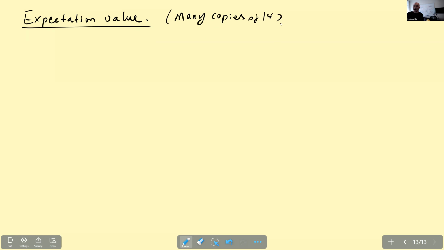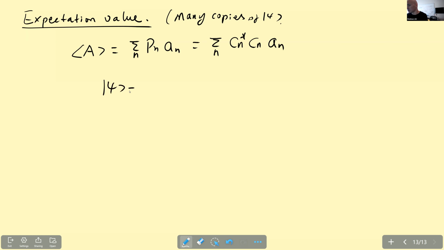And then the expectation value of this A, of course, is just the summation of m, p_m a_m, which equals the summation of m, c_m conjugate times c_m times a_m. So what is c_m? Psi equals the summation of c_m |m>, so c_m equals nothing but <m|psi>. So c_m conjugate just equals <psi|m>.